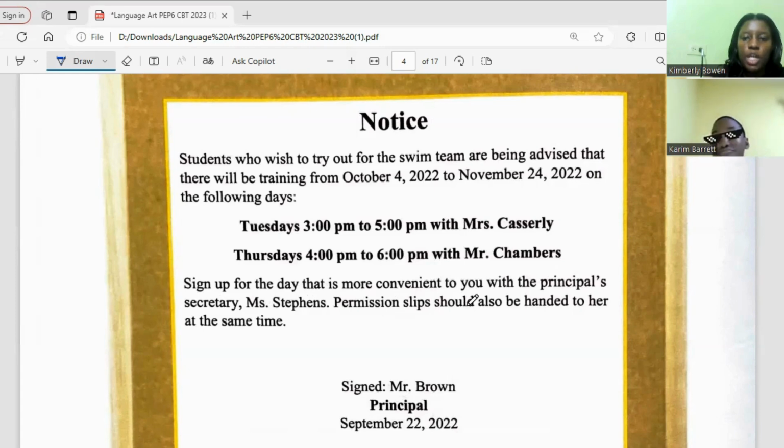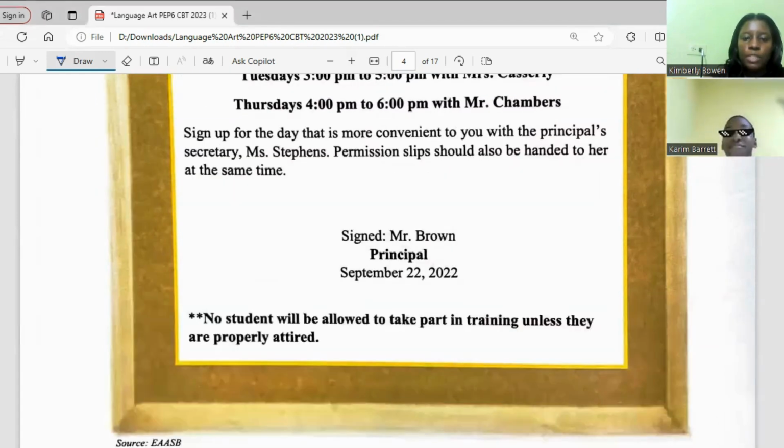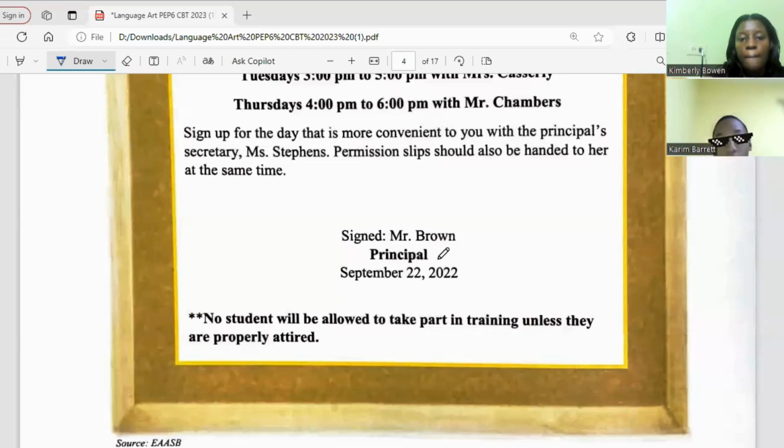Permission slips should also be handed to her at the same time. Signed, Mr. Brown, Principal, September 22, 2022. No student will be allowed to take part in training unless they are properly attired.